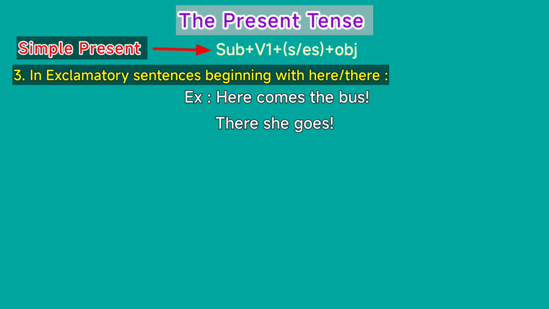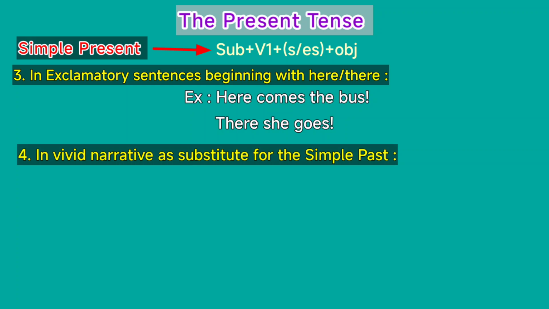That's simple. The next case in which we use simple present is in vivid narrations, as a substitute for the simple past tense. Meaning, instead of simple past tense, we use simple present for narrations, just like historical moments or storylines.